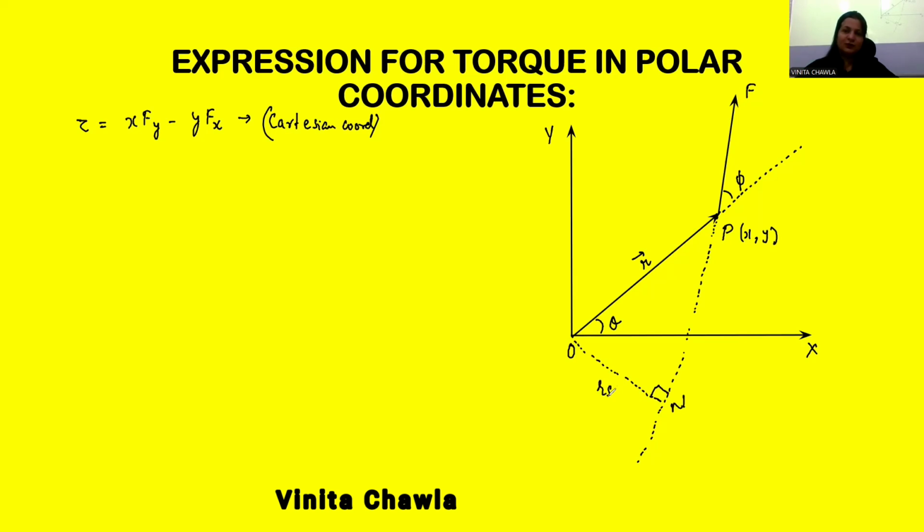No, this is not r sin theta, r sin phi, because this angle is phi, this angle is also phi. These are vertically opposite angles, है ना? ये vertically opposite angles हैं और ये वेक्टर r है.